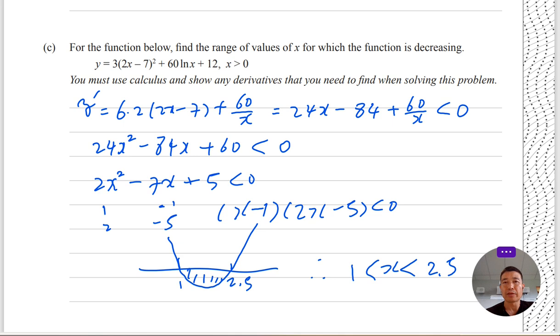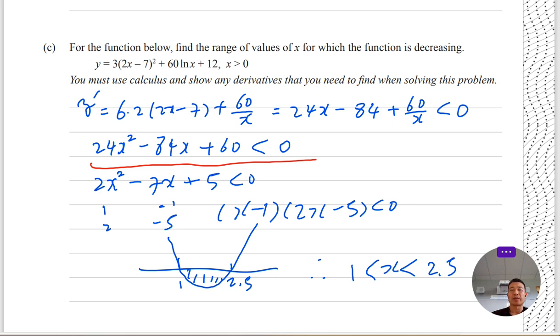So if I simplify this, 24x minus 84 plus 60 over x is negative. Then we change this to a quadratic inequality. Because x is positive, that inequality sign stays the same. So I got that. And then I can reduce to 2x squared minus 7x plus 5 is negative.